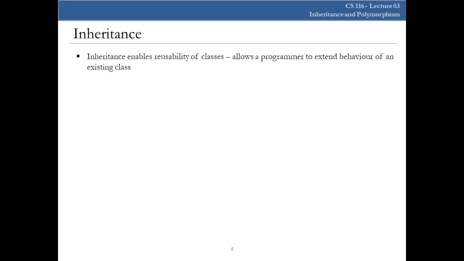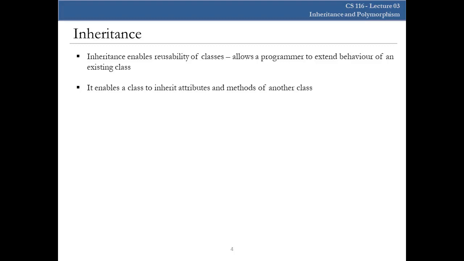Now, inheritance allows reusability of classes. One of the most powerful features of the object-oriented programming paradigm is that it allows us to reuse existing code. For example, if somebody has defined a class, I can use the same class without any modification, and I can extend its functionality.